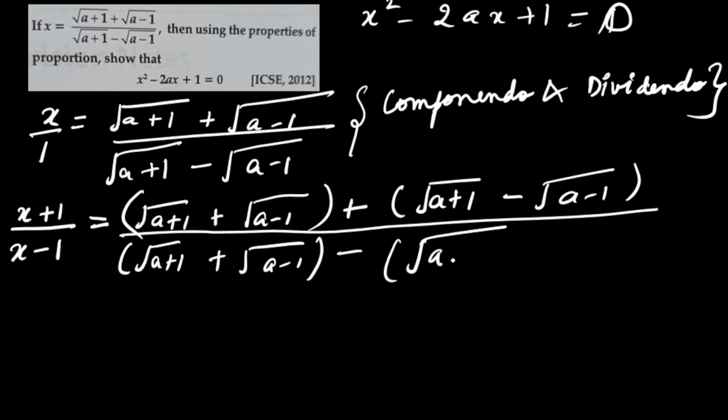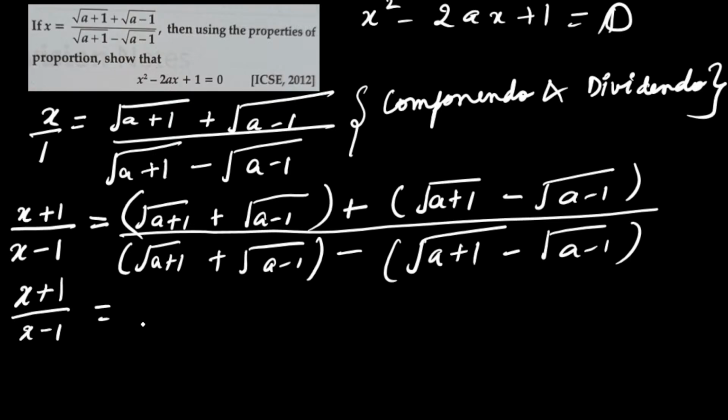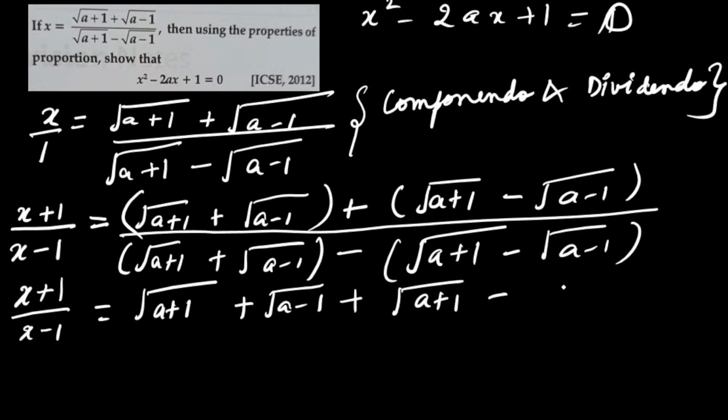So I have written it now. Now let's simplify. So here I have x plus 1 by x minus 1. I'll just open the brackets now. So this is root a plus 1 plus root a minus 1 plus root a plus 1 minus root a minus 1.